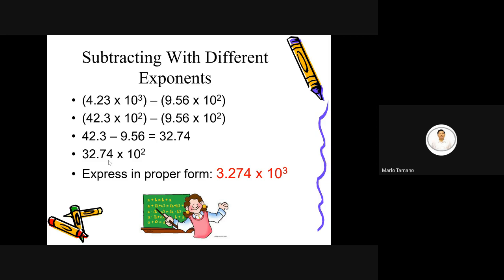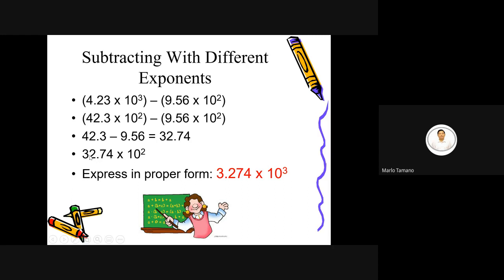Remember the proper form of scientific notation: it should be greater than 1 but less than 10. So we have 3.274 times 10 to the third power. How did that happen? Move the decimal point one place to the left and stop between 3 and 2.